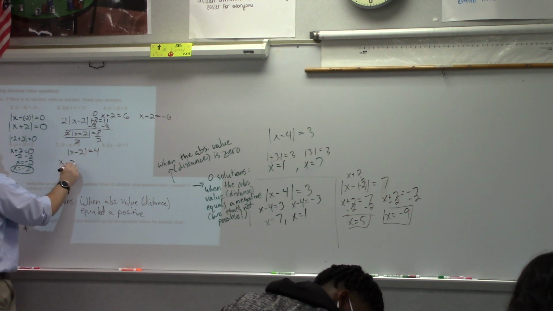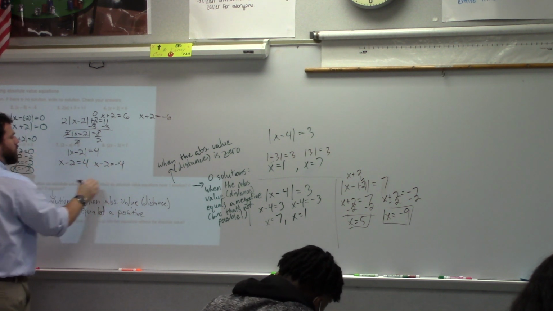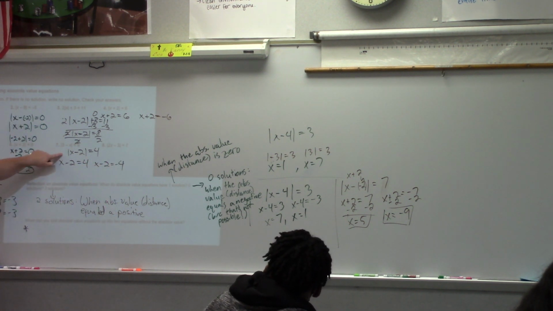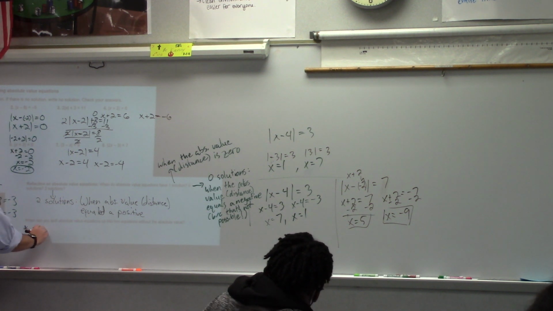Now I'm going to split it up. Why was it not until here that I finally split the absolute value equation up? The absolute value is by itself. We need to recognize that.